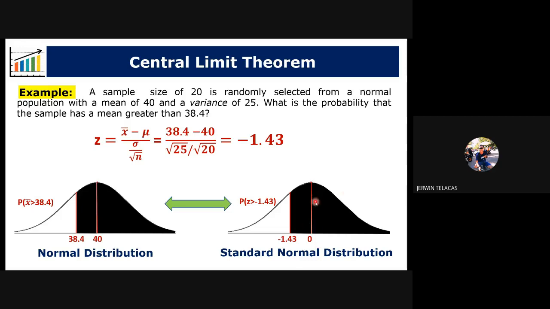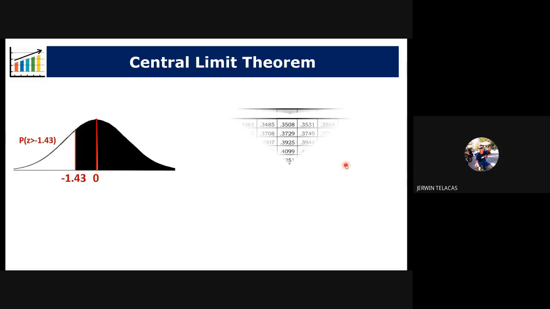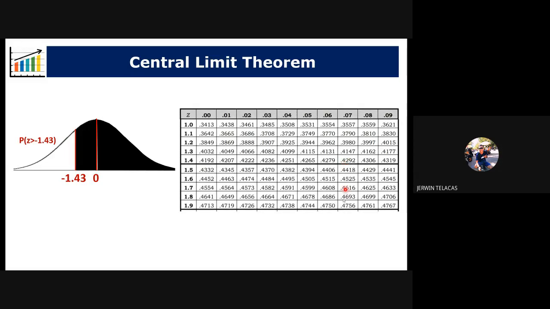So now that we have converted, we can use the z-table. Since that is negative 1.43, we can use positive 1.43 as our reference. There is a need for us to find the area between 0 and negative 1.43 on our z-table. Anyone?